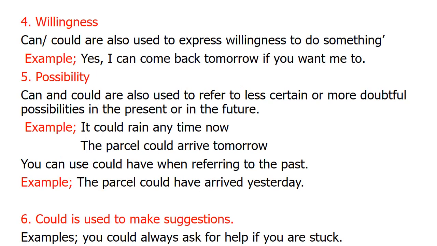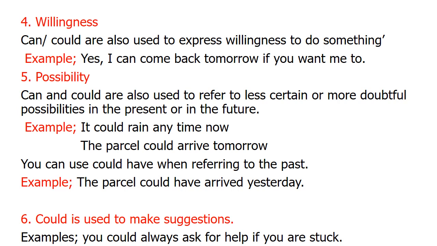Can or could are also used to express willingness to do something. Example: yes, I can come back tomorrow if you want me to. The speaker is willing to come back tomorrow. So can has been used to show willingness. Can and could are also used to refer to less certain or more doubtful possibilities in the present or in the future.